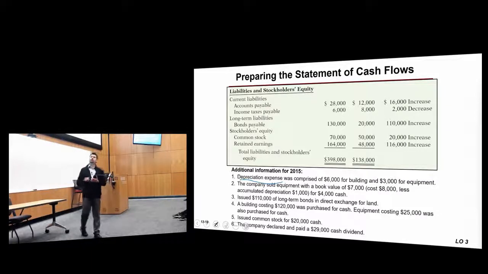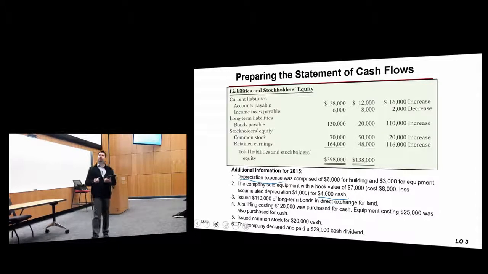When it comes to, for example, the sale of equipment, you have cash inflow. How much did you get? Look at it. 4,000. You sold it for 4,000 in cash, right? So this is the amount that you received when you sold that equipment. This is cash inflow. Okay, what about cash outflow?